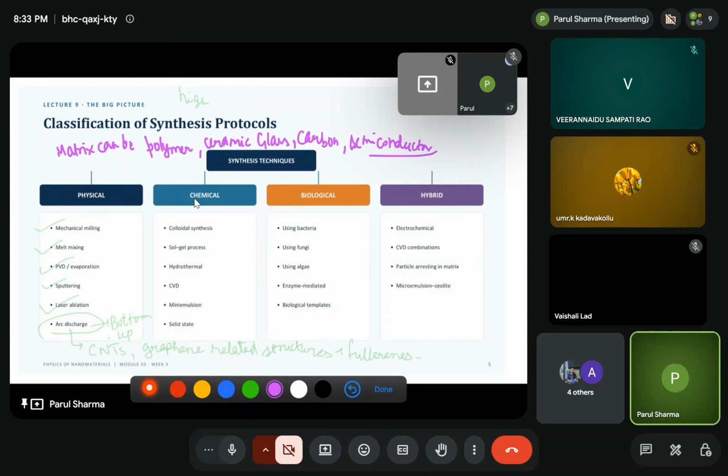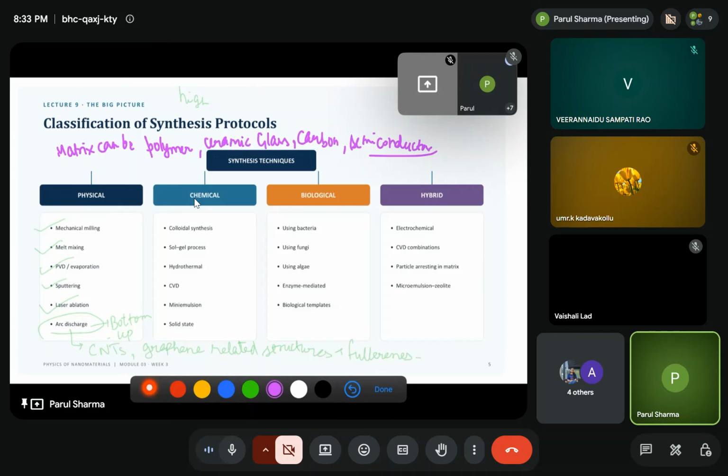Also, for stability purposes, the matrix method is very helpful. So this is one of the hybrid methods for synthesis of nanomaterials.